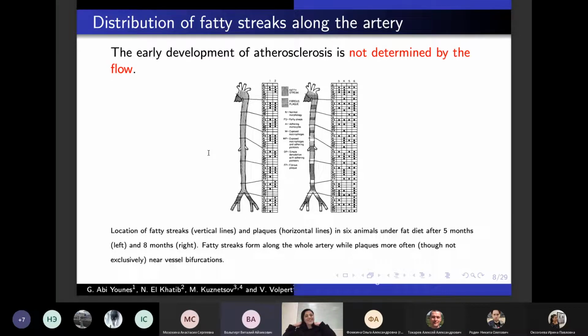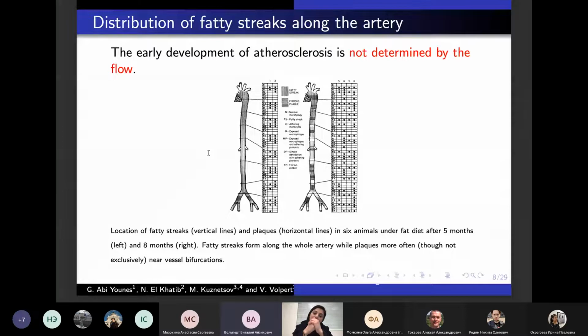In the left figure, these are the mice after 5 months of fat diet, and in the right figure, another 4, because unfortunately these mice were sacrificed after that. So other 4 animals in the right figure after 8 months. These 2 figures show this progressive development starting from fatty streaks and then to atherosclerotic plaques.